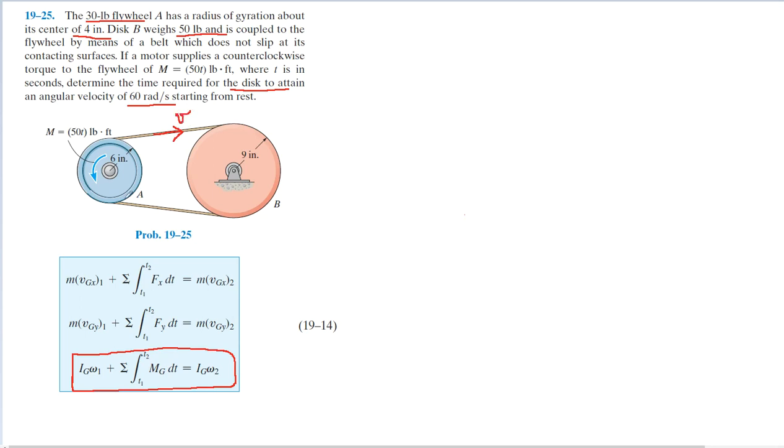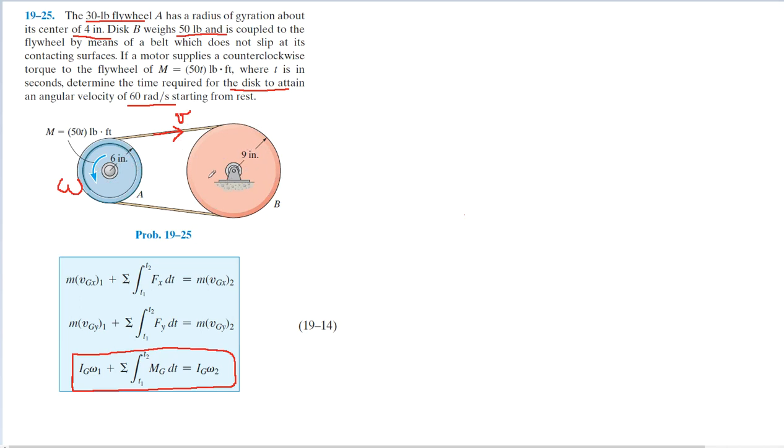You can say omega A times RA equals V, and V is also equal to omega B times RB. Alright, this is RA and RB.